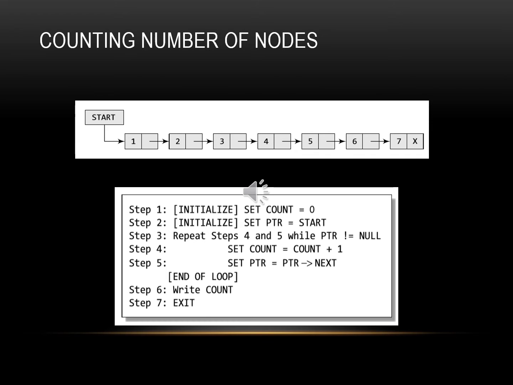Now, as I said, why have we taken an extra pointer when start is also a pointer variable? Why did we not move start to count how many nodes are there? If we move start, then we will lose track of the linked list. We will end up losing all the nodes, because from start we can trace the elements sequentially one after another.